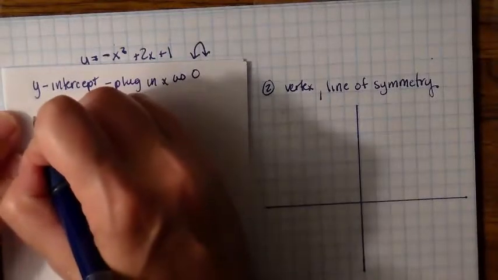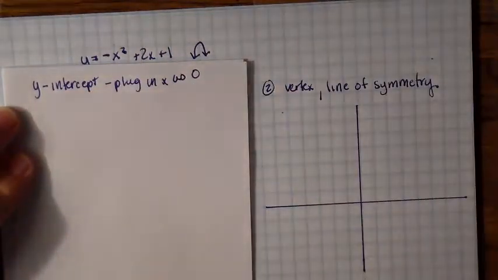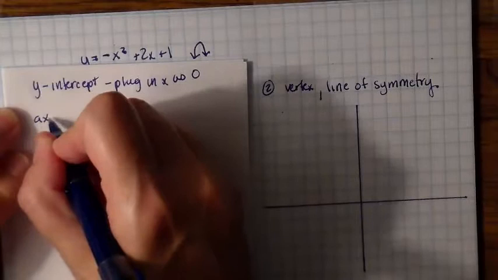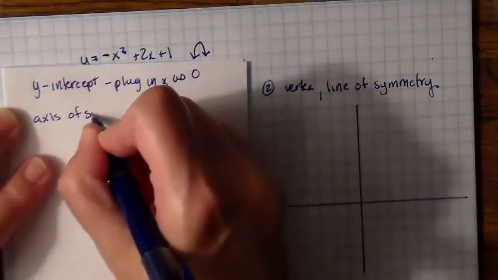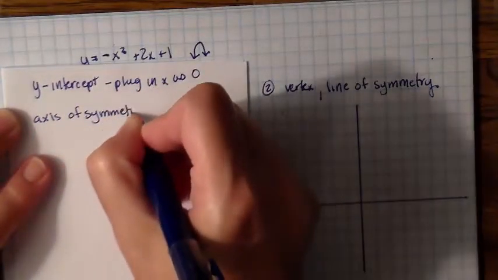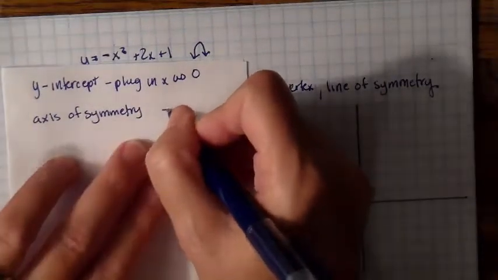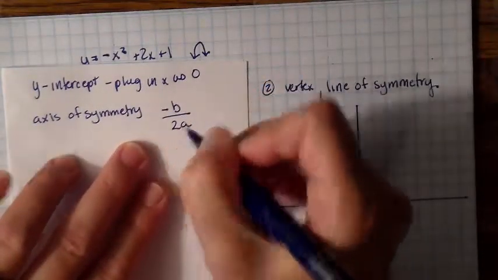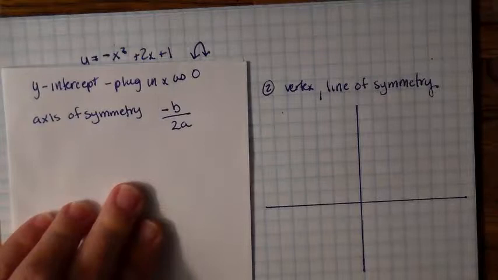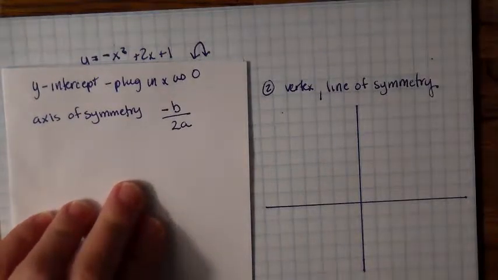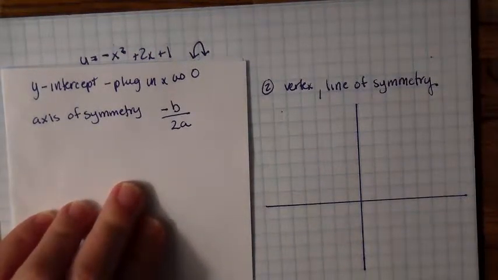To find the vertex, we first find the axis of symmetry. Now the axis of symmetry has an equation. That's negative b over 2a. And you may recognize this from part of the quadratic formula. You have negative b plus or minus the square root of b squared minus 4ac, all over 2a.